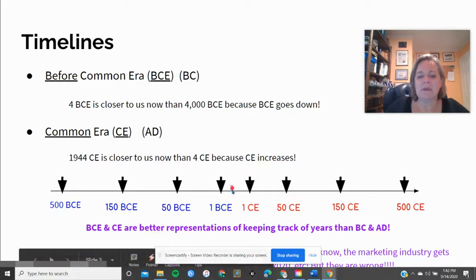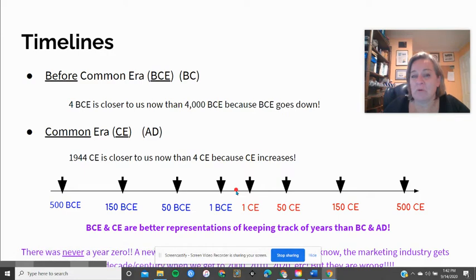Then, when you get here in between these two, there's no year that's a 0 year, but we do change from day 1 BCE to day 1 CE. And at that time, when we move to Common Era, that's when we start increasing the years.